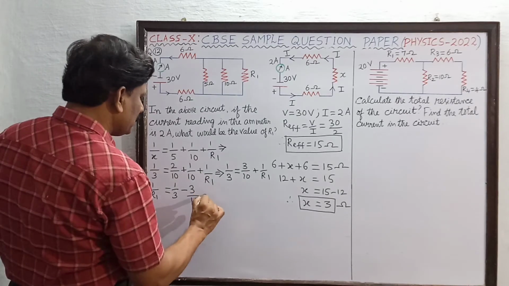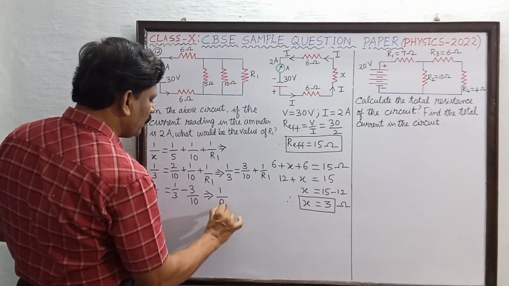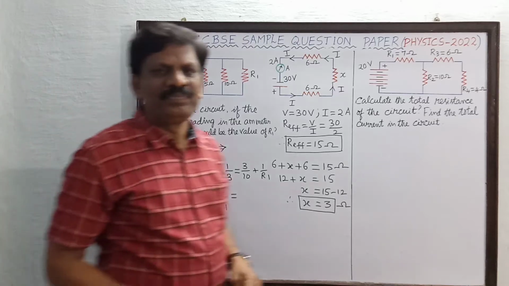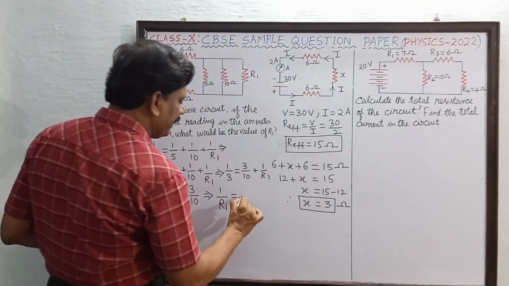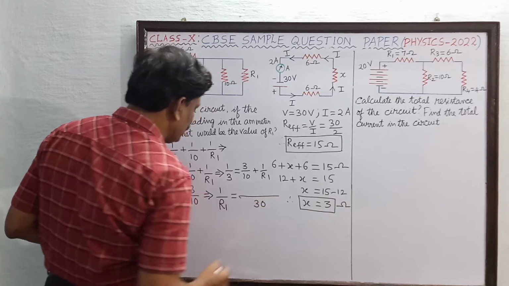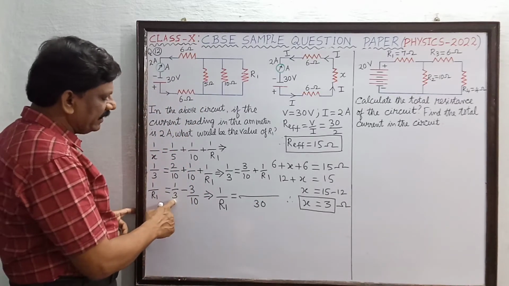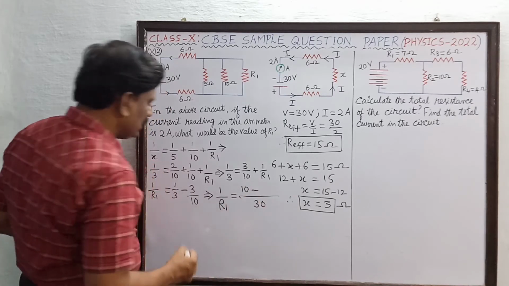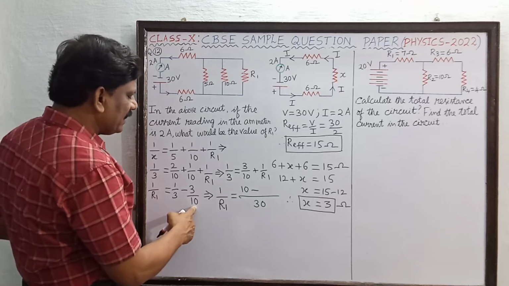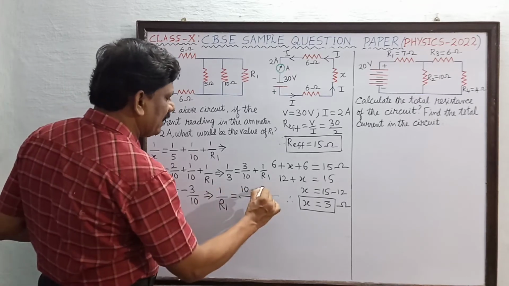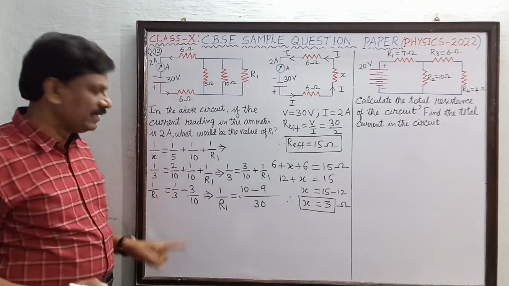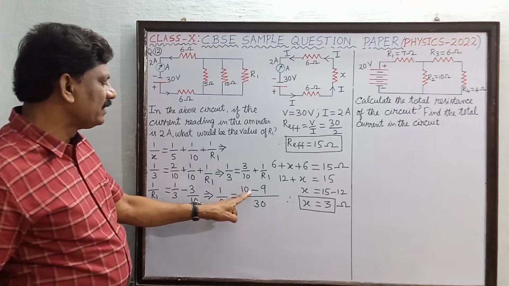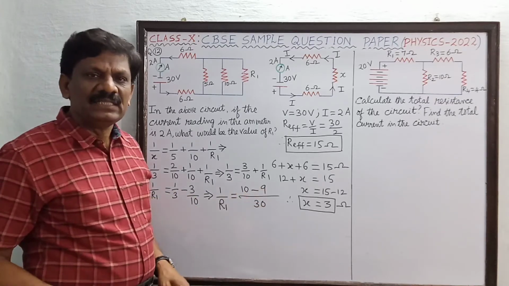Understand that? So 1 by R1 is equal to, now what is the LCM of 3 and 10? 30. So I take the LCM. 3 tens are 30, so the first numerator is 10, minus 10 threes are 30, so 3 threes are 9. 10 minus 9. 1 by 3 minus 3 by 10 can also be written as 10 minus 9 by 30.